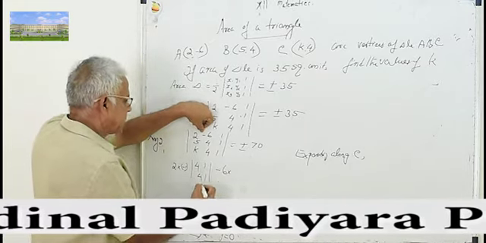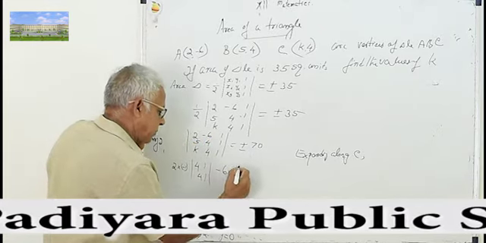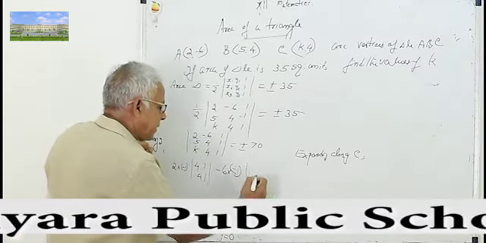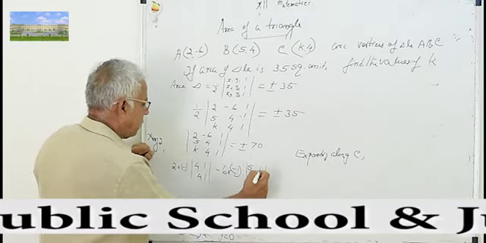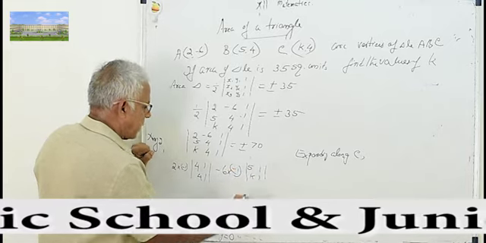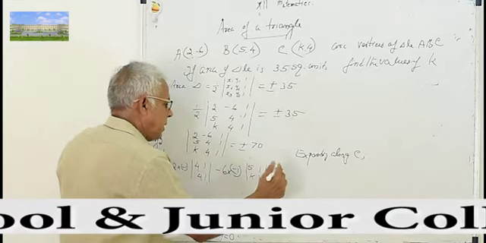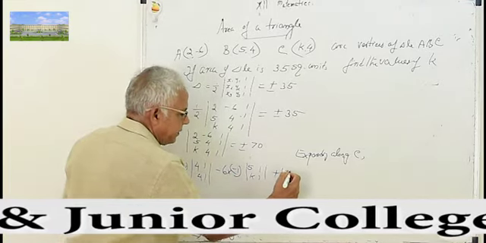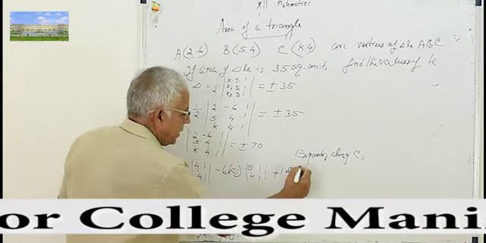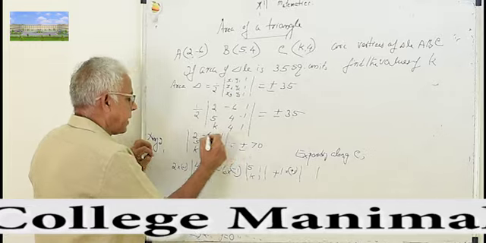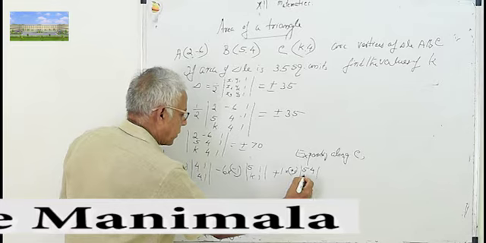Minus 6 into, the sign is negative because it is the A12 element. Deleting the row and column containing minus 6, we get 5 1, k 1. Plus the next element, the last element in the first row, 1 into the sign positive, because it is the A13 element, into deleting the row and column containing 1, we get 5 4, k 4.